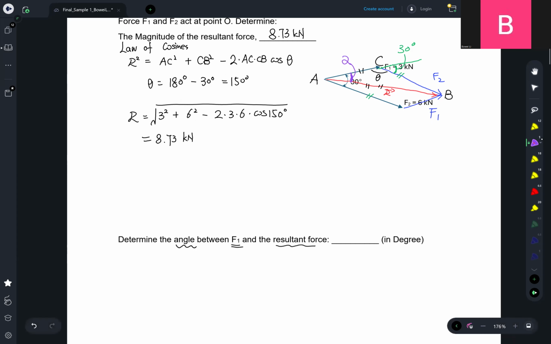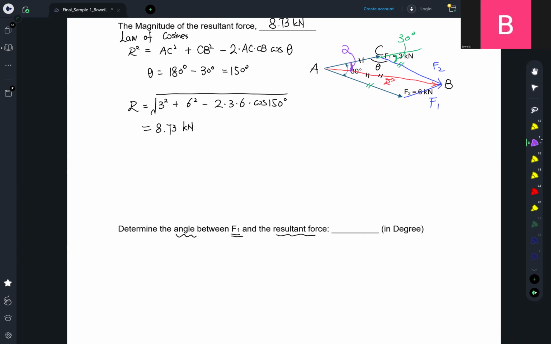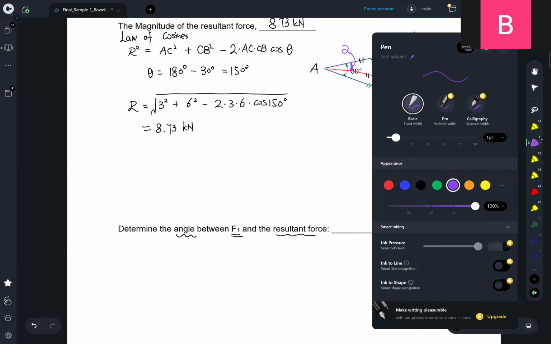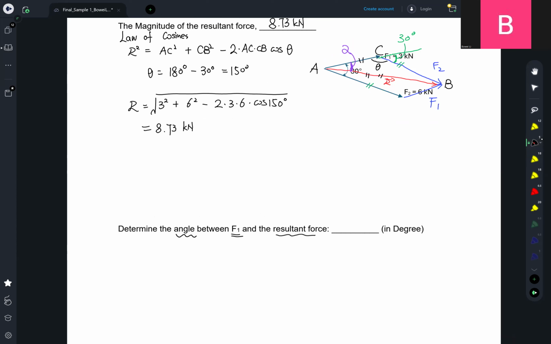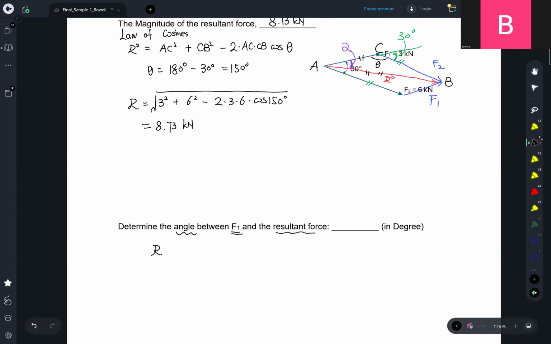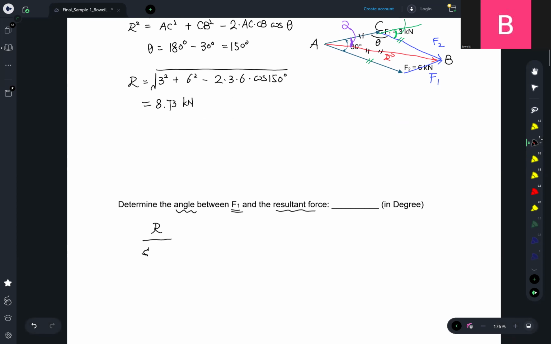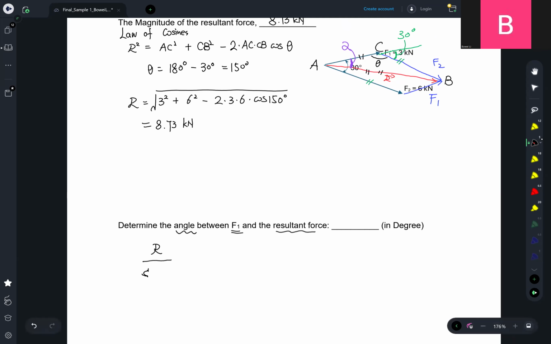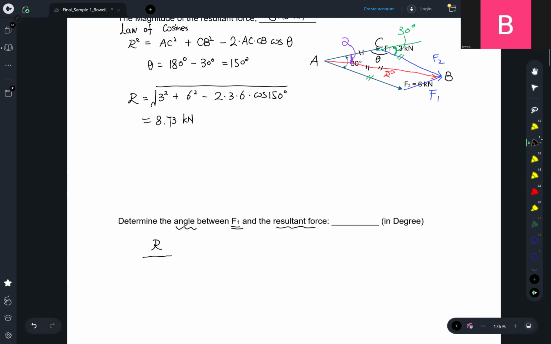So the side AB, which is R, the resultant, divided by the sine of its opposite angle.